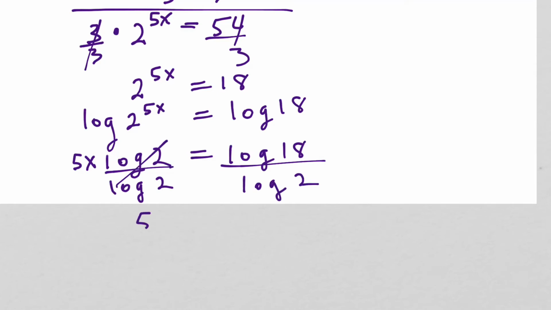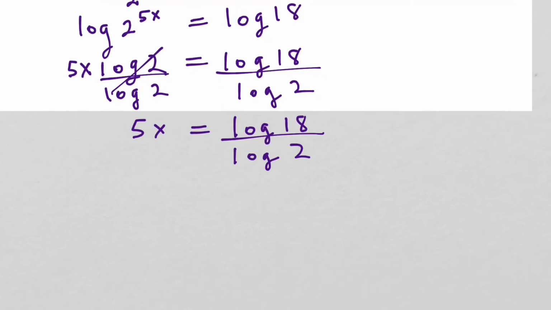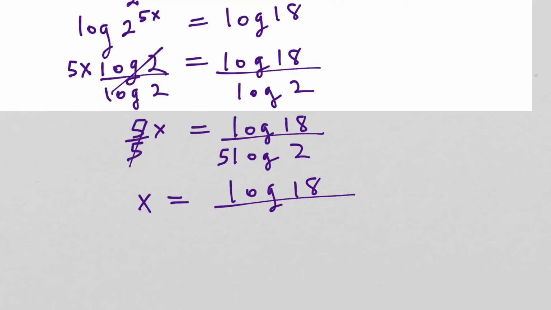And I'll have 5x is equal to log of 18 divided by log of 2. All right, there's one more thing to do. I have a 5 that I'm going to divide by. So remember, when you divide by 5, it's the same thing as putting it in the denominator. So I can say x is equal to log of 18 divided by 5 log of 2.